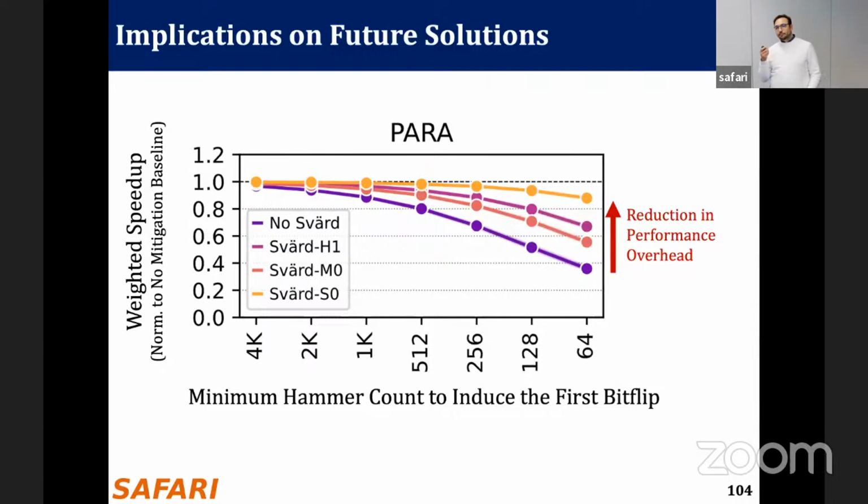And the 3 other curves are the results for the case where we integrate Svärd with Para, and for different DRAM module profiles. So we collect profiles from 3 different DRAM modules, 1 from each manufacturer, and they generate these different results.